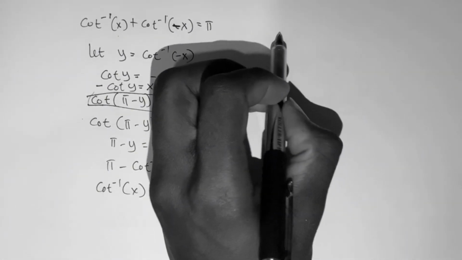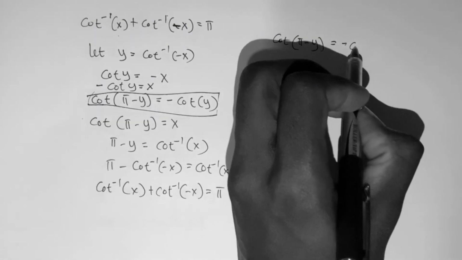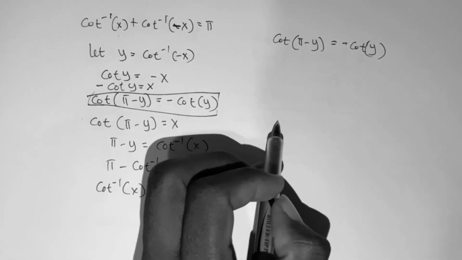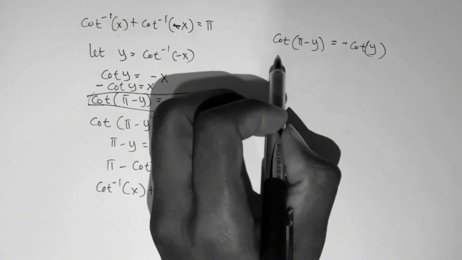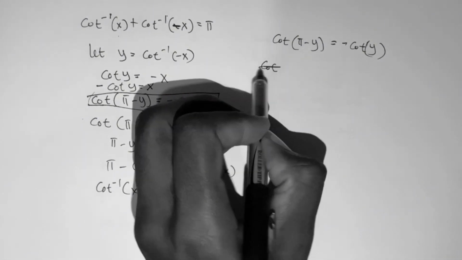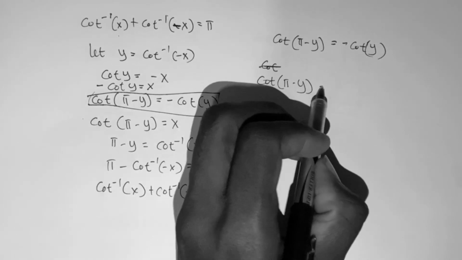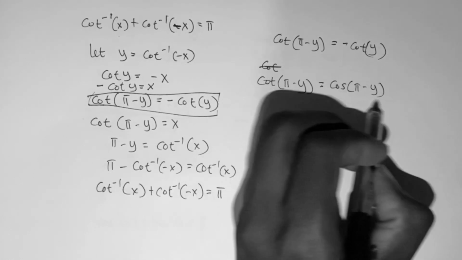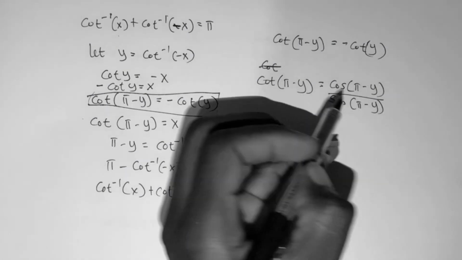So we want to prove that cot of (pi minus y) is equal to minus cot y. Now, we know that cot is the same as 1 over tan. Therefore, cot of (pi minus y) is the same as cos of (pi minus y) divided by sine of (pi minus y).